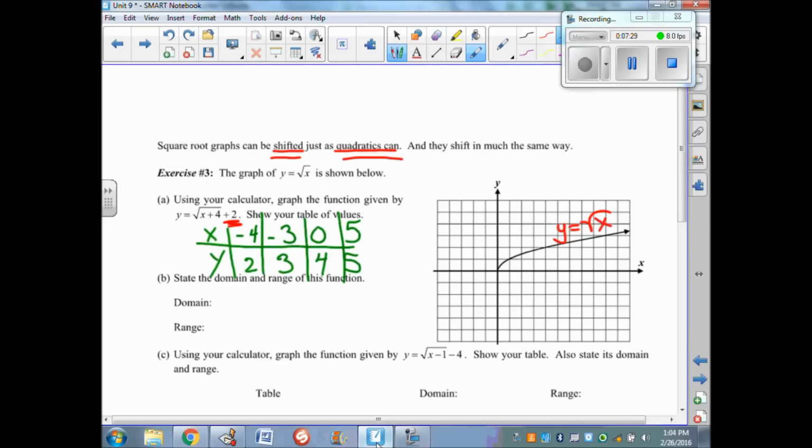So it starts at -4, 2, and then we have -3, 3, 0, 4, and so on. And that's what my shifted function looks like.